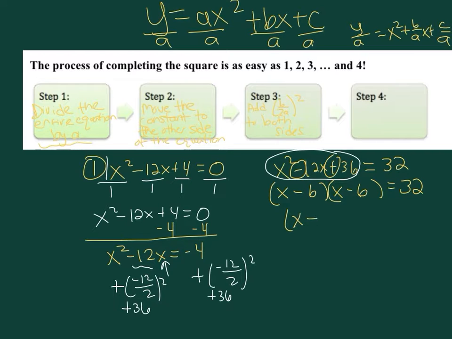So now we can rewrite this as the binomial squared. So x minus 6 quantity squared has to equal 32. And that's my step 4: write the trinomial as a binomial squared.